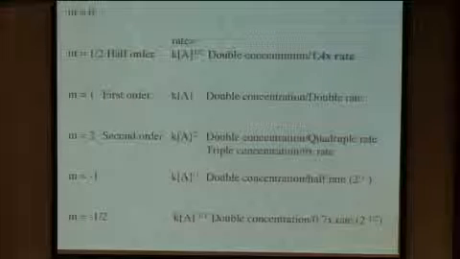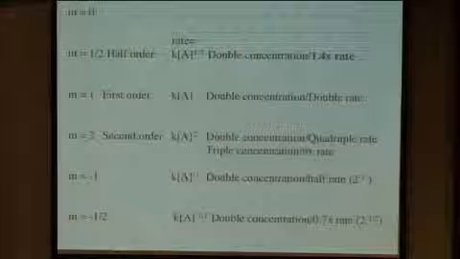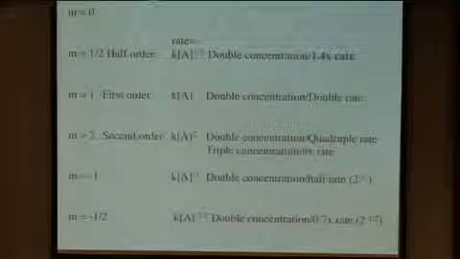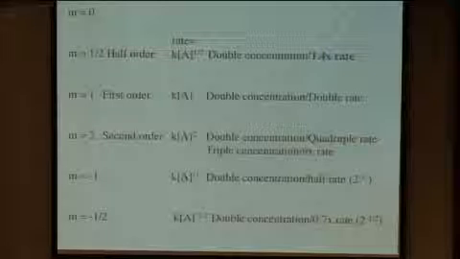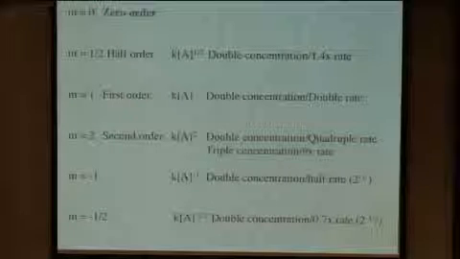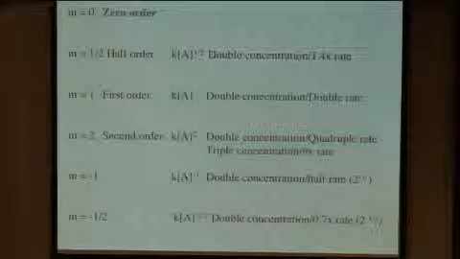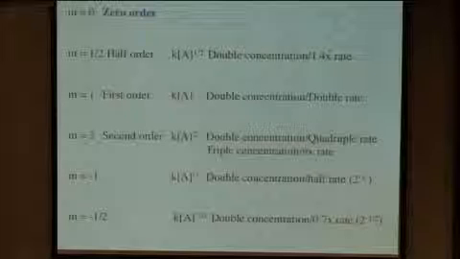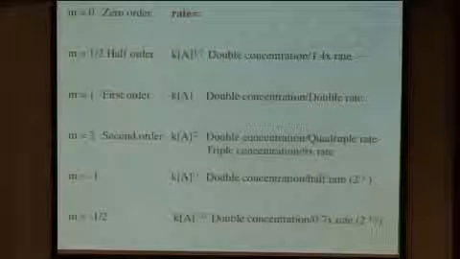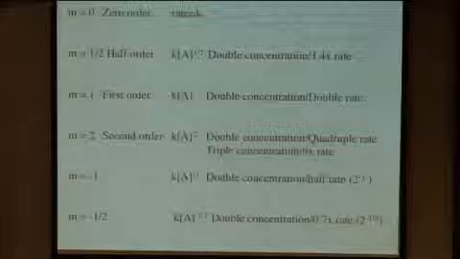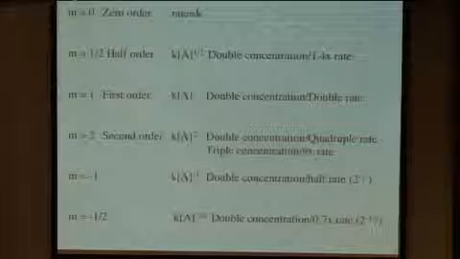And m equals 0. Any guess of what that's called? 0 order. And the rate law here, the rate is going to be equal to what? K. And that's it. So the rate equals k.